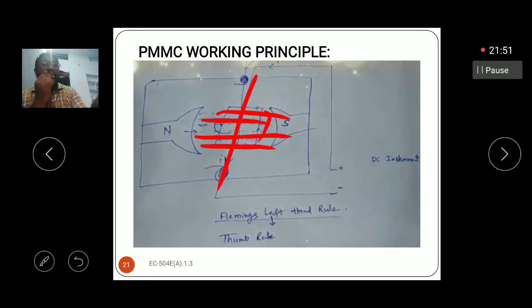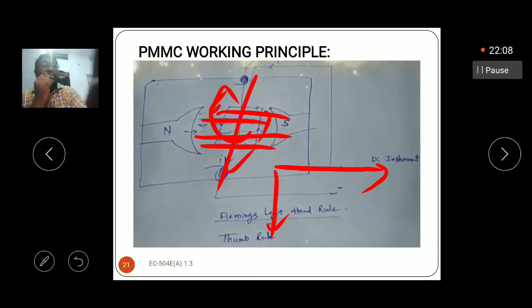That means the three are mutually perpendicular to each other: the movement of magnetic flux, the current flowing in the downward direction, and the motion of the coil in the clockwise direction.